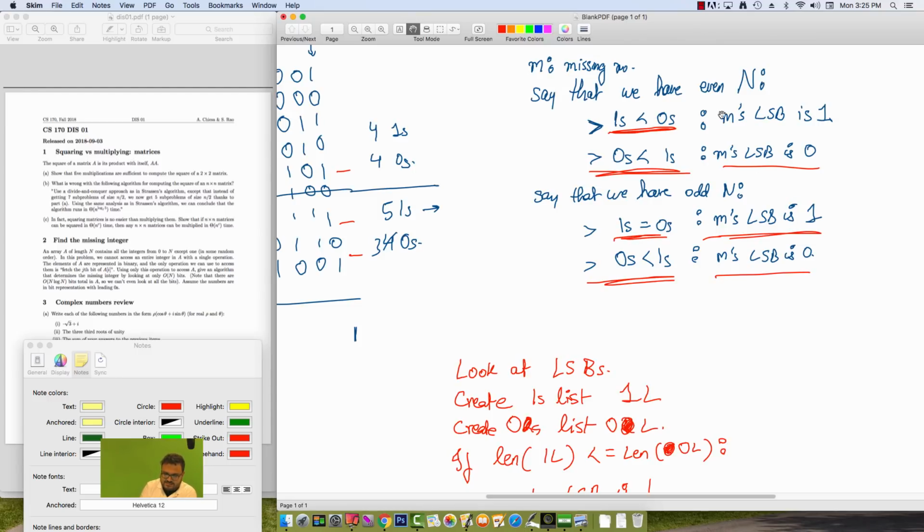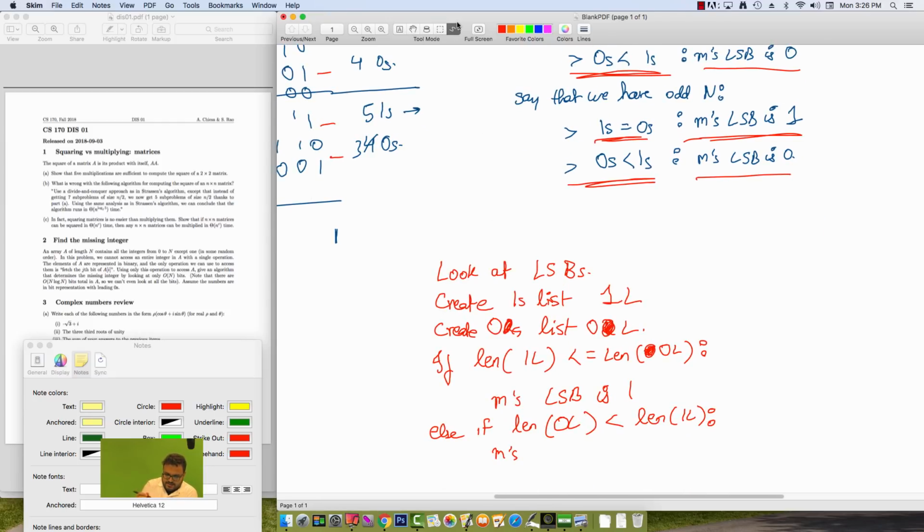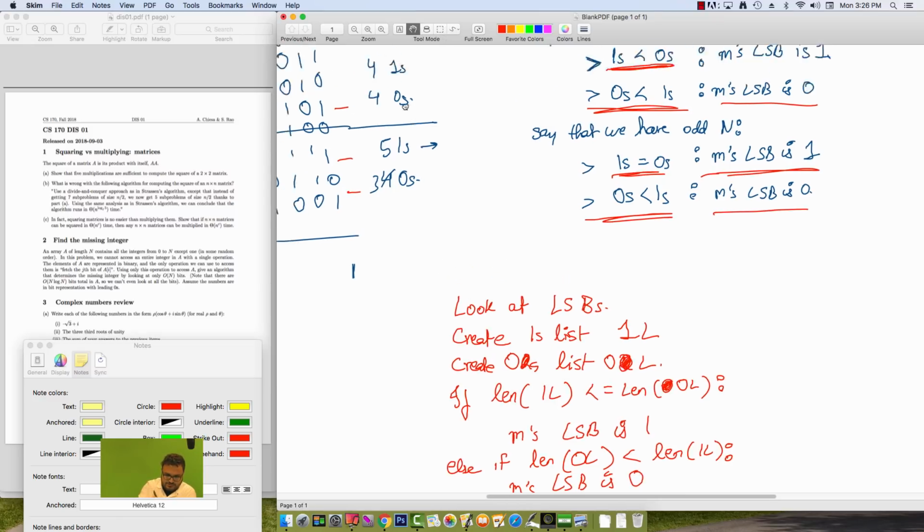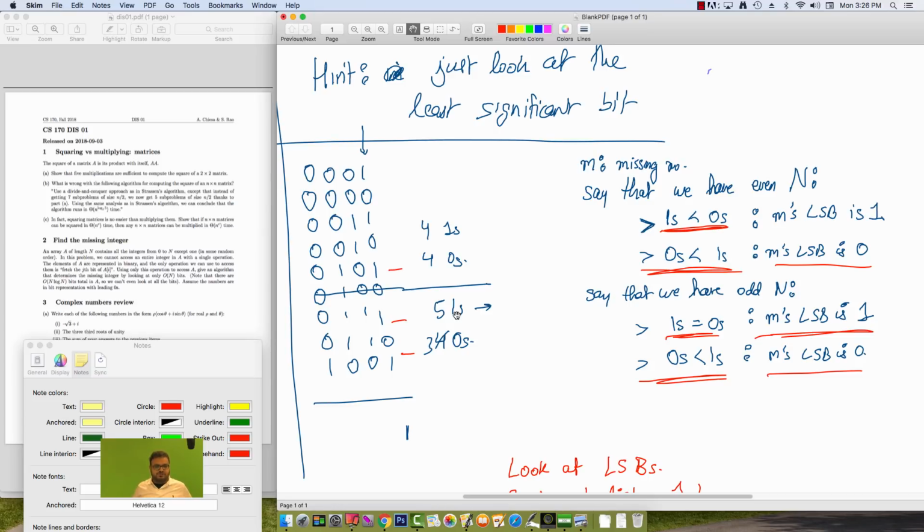If 1's is less than 0's, then m's LSB is 1. Okay. Else, if len of 0 list is less than 1 list, which is this case and this case, both of which have the same condition, then m's LSB is 0. All right.